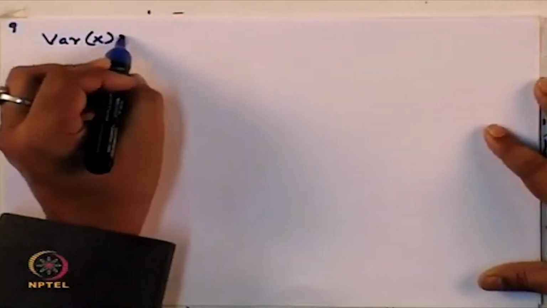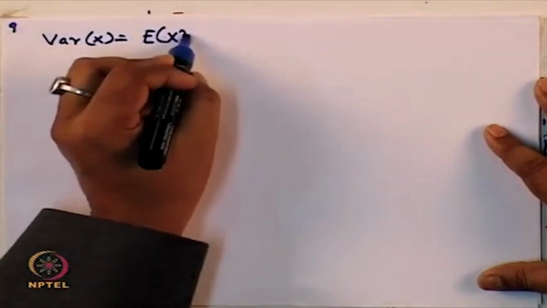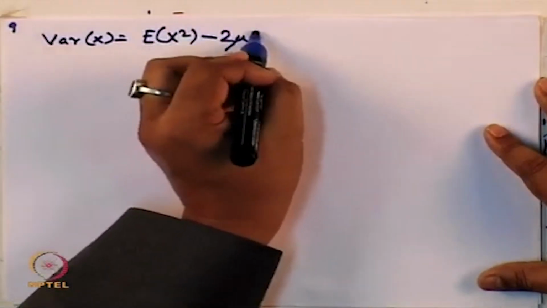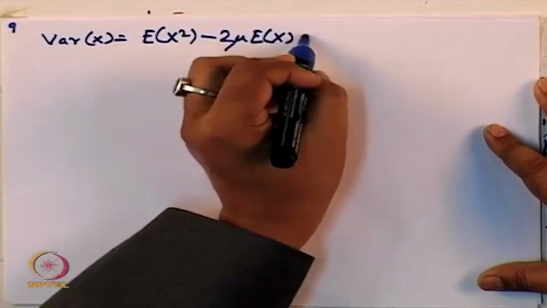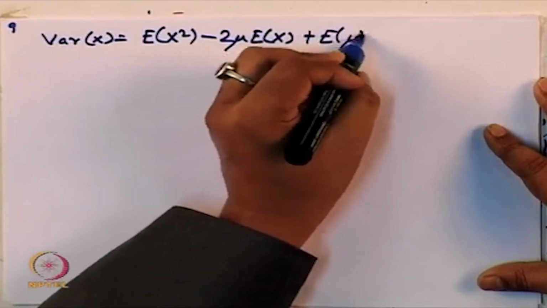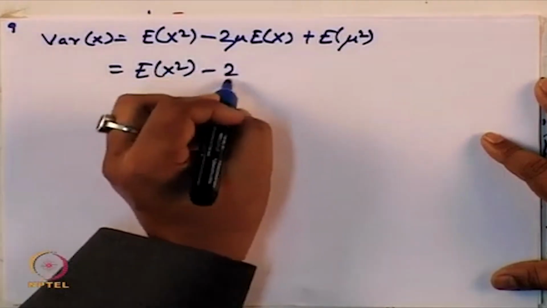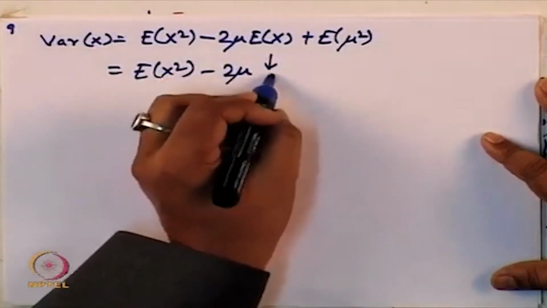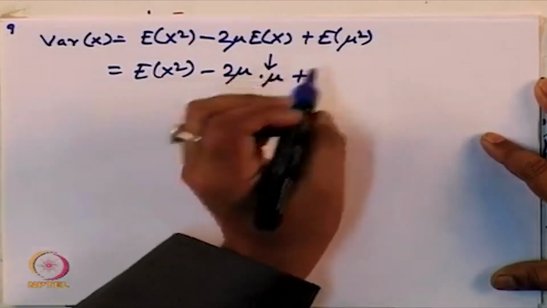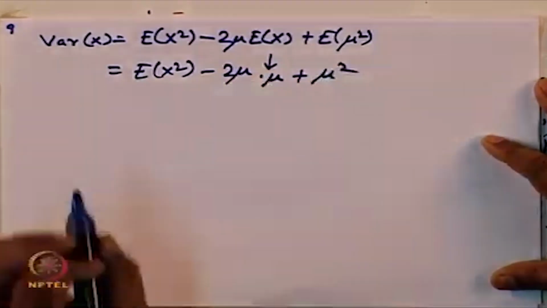Expectation of x is simply equal to mu and expectation of mu square is simply equal to mu square. Okay.